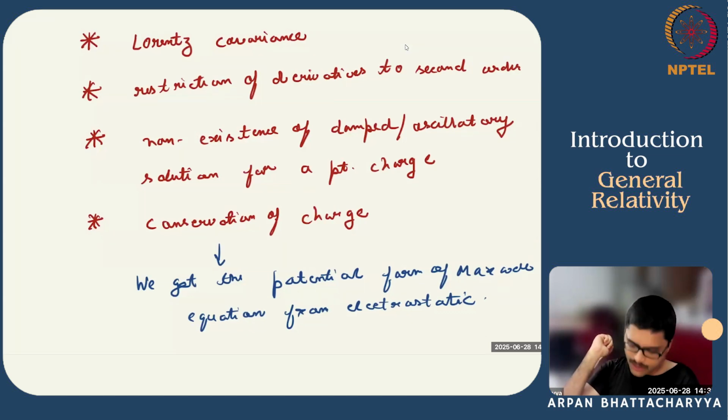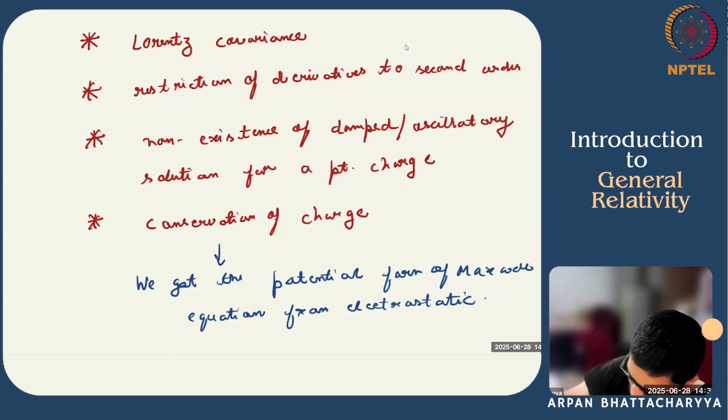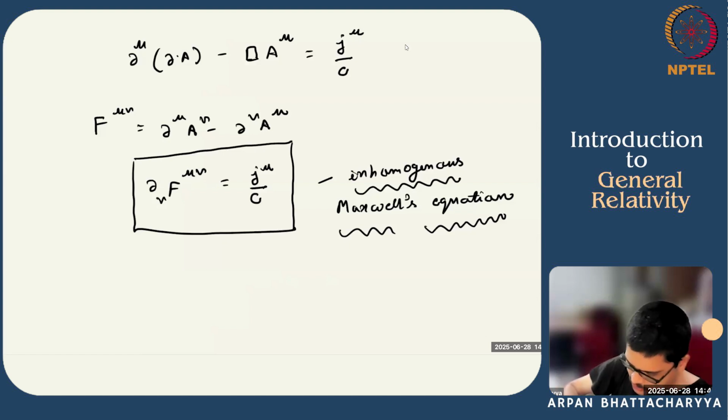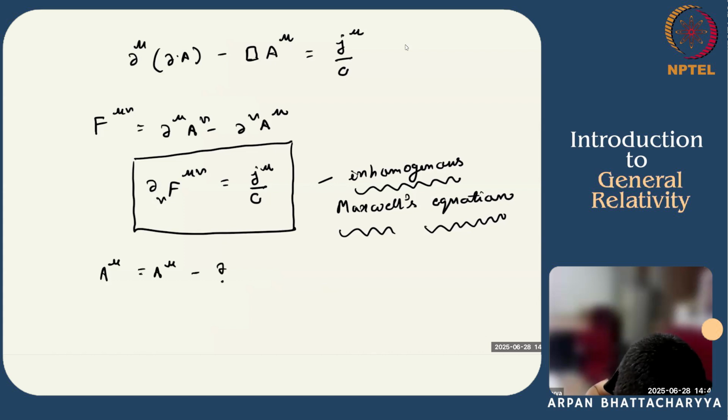Before we end, we make one comment. So we note that this equation possesses a gauge symmetry. So under a gauge transformation, A mu goes to A mu plus del mu chi, where chi is an arbitrary scalar function, the Maxwell equations remain invariant.